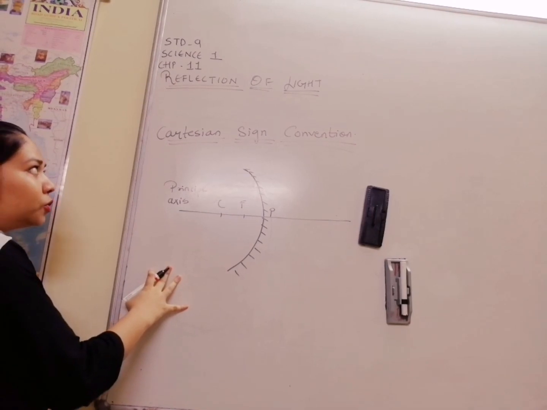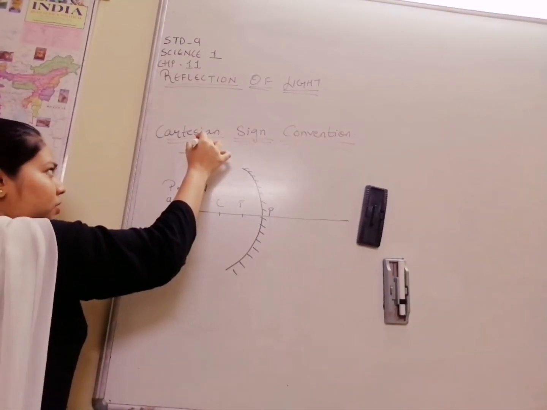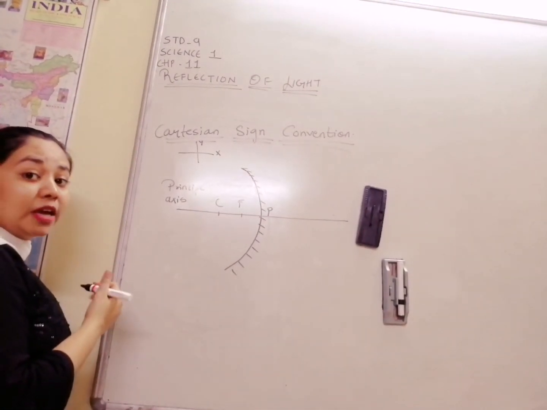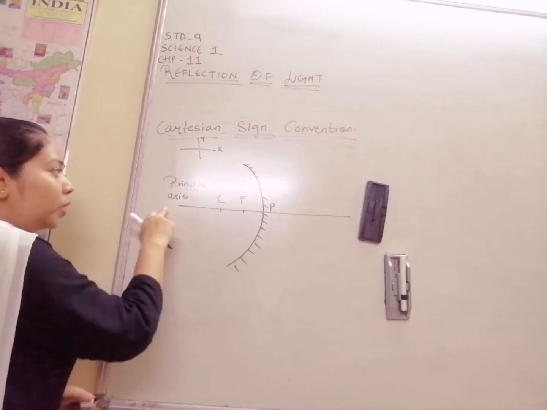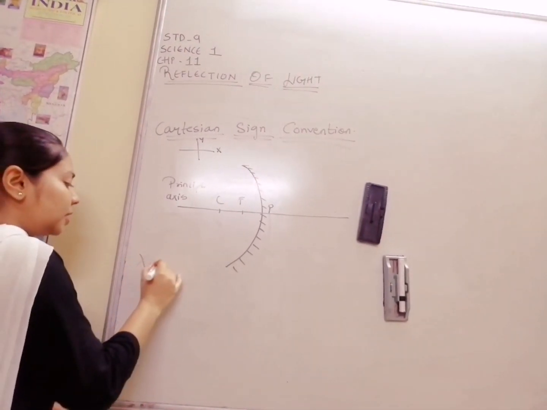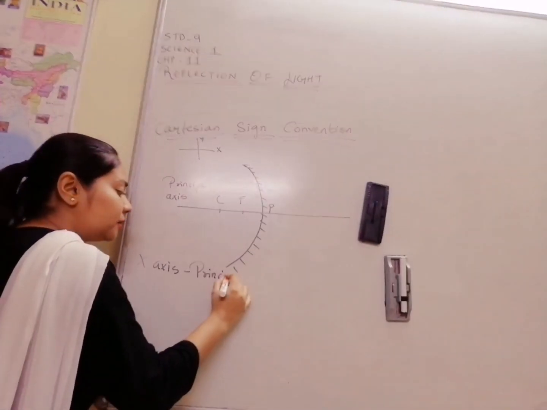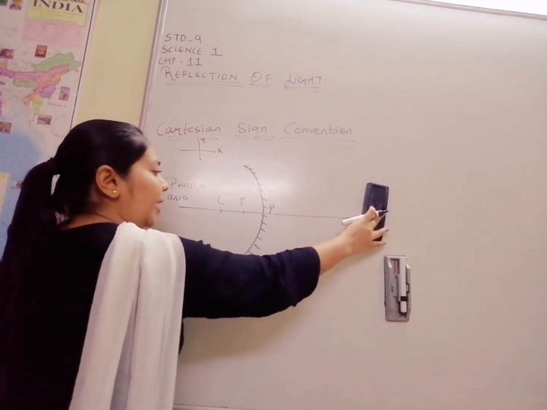Now what are we going to do in Cartesian sign convention? Graph you have all seen. This is the y-axis, this is the x-axis. In Cartesian sign convention we have two axes, that is x and y. So here we are going to take the x-axis as our principal axis. So this becomes my x-axis.